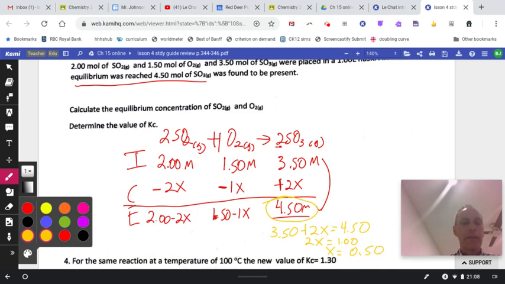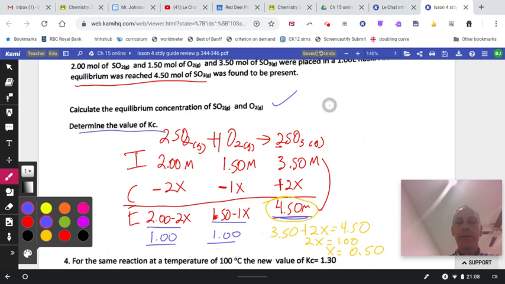Okay, so now I can substitute that back into this. 2.00 minus 2x becomes 1.00. 1.50 minus 0.5 is 1.0. Okay, there are my 3 equilibrium concentrations. Done. Determine the value of Kc.